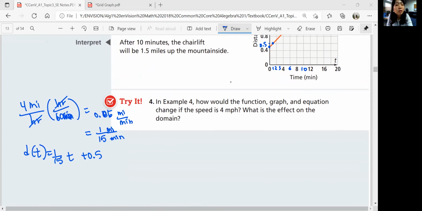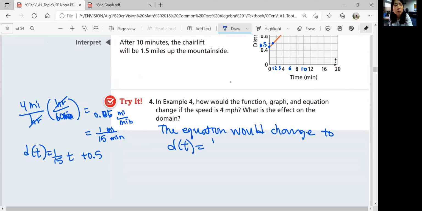The function d of t would still relate the distance traveled from the base of the mountain to the number of minutes the chairlift travels, but the equation would change to d of t is equal to 1 over 15 t plus 0.5.